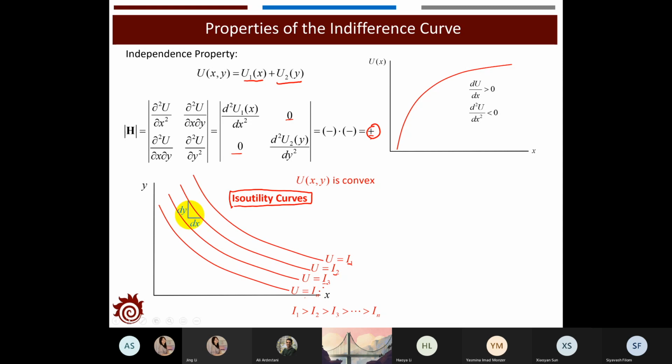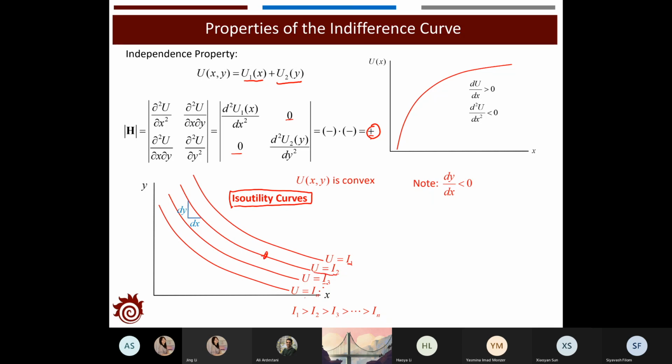Another thing we want to explore from the iso-utility curve is identifying the elasticity. For this case, it's called the substitution effect. Take one iso-utility curve, say the utility equal to I2.